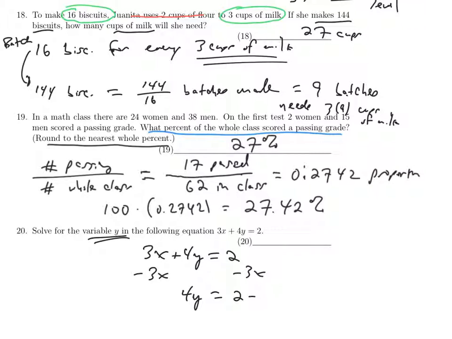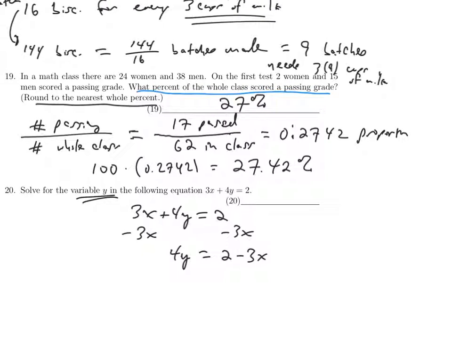So the weird thing about these is that on the right-hand side, I really can't do anything. Having algebra over there means that I'm very limited in how I can simplify that. So I don't have to do the arithmetic. 2 minus 3x is just 2 minus 3x. There's nothing else I can say about it. So now I've achieved separating the stuff with y's in it from the stuff that does not have y in it. And so my last step would be just divide both sides by 4.